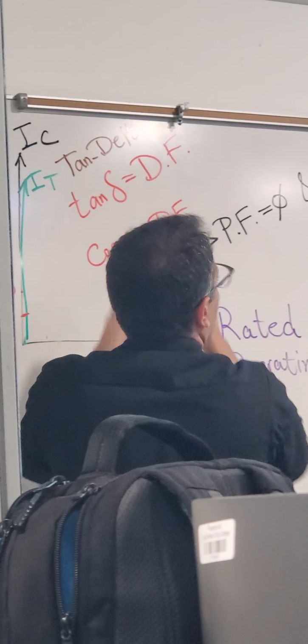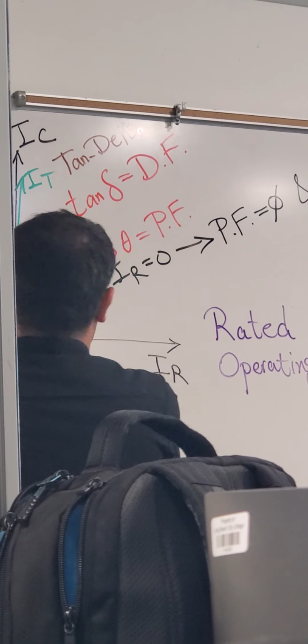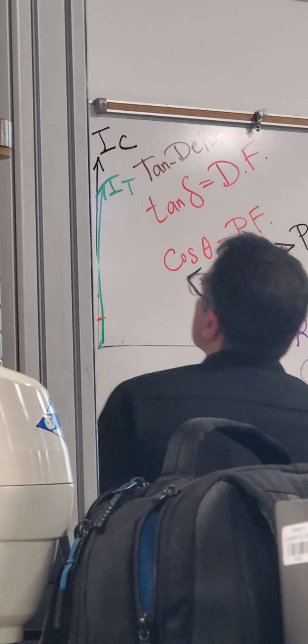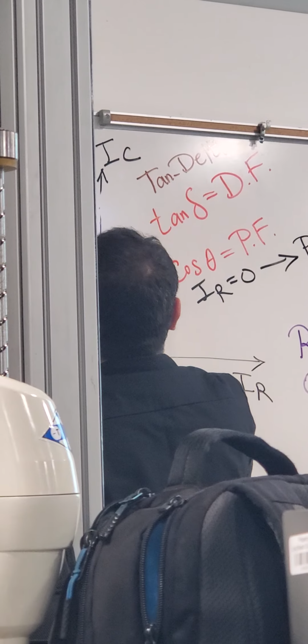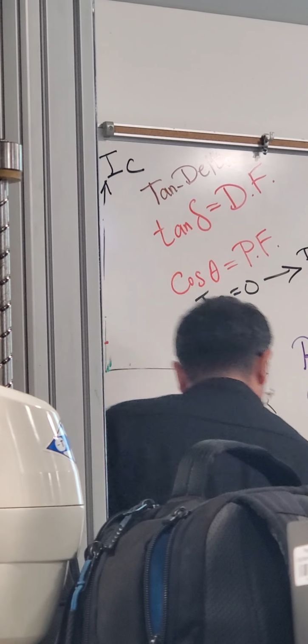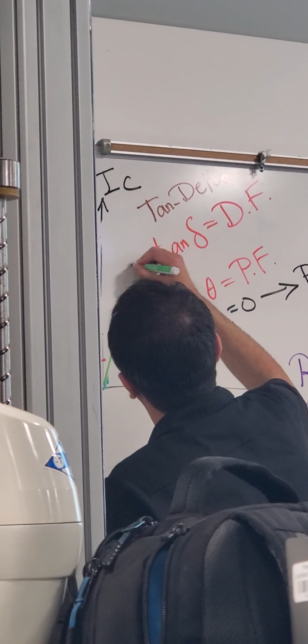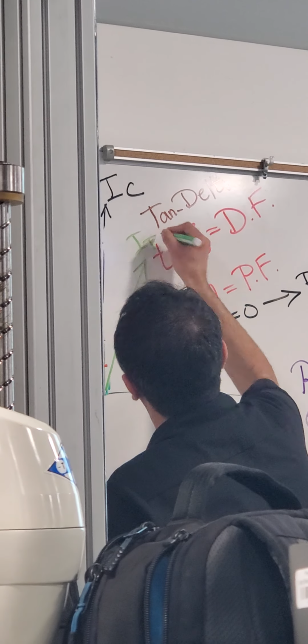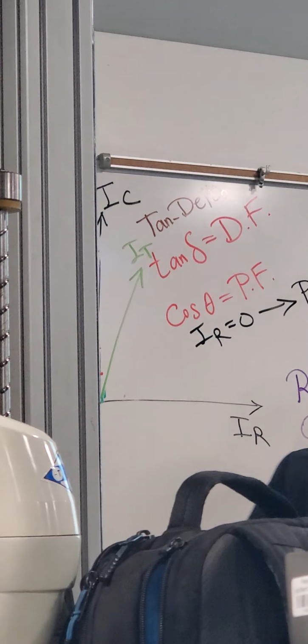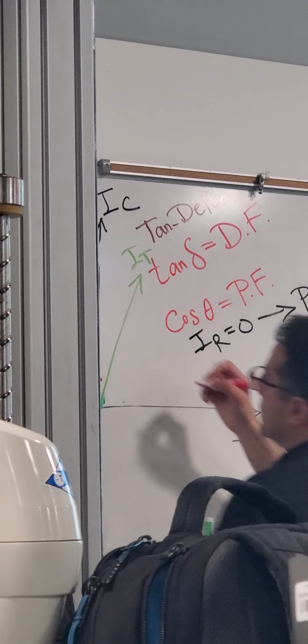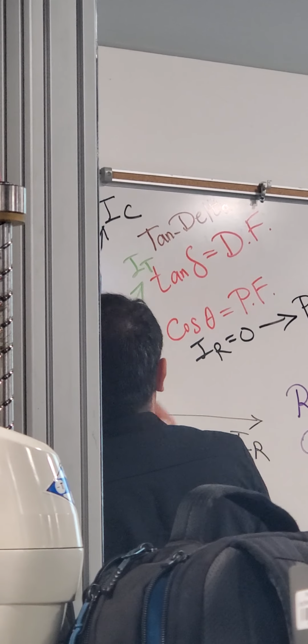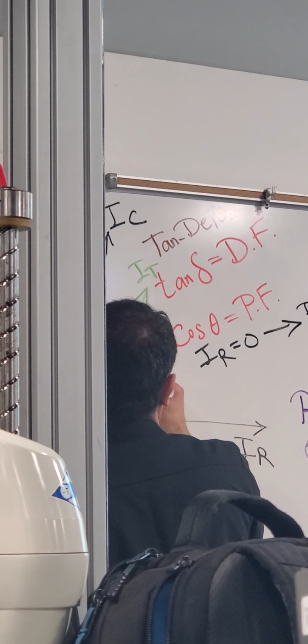Delta and theta are referring to the same angle? No. Let me get back to a realistic scenario. That's my total current. This one is delta, and this one is theta.